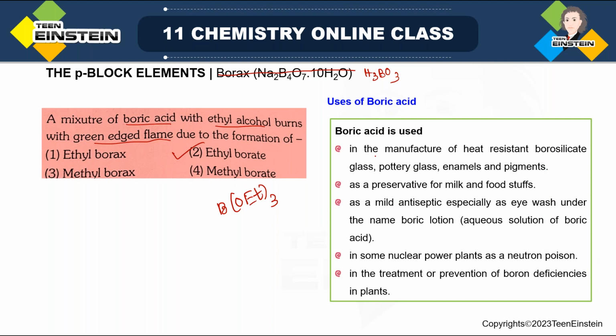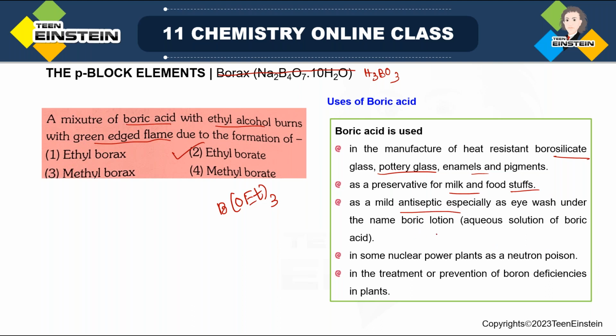Now its application part. Uses of boric acid: manufacture of heat resistant borosilicate glass. Just like Na2B4O7, here also it is used in different types of glass making. Then enamels, pigments, and as a preservative in milk and food stuff.